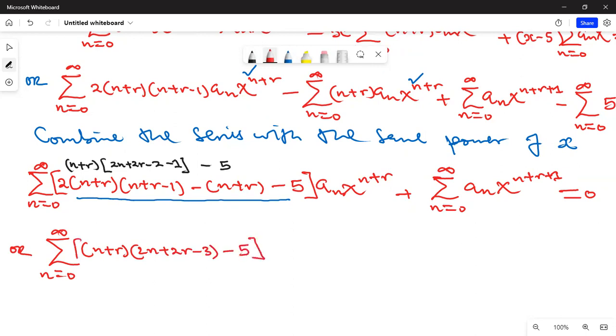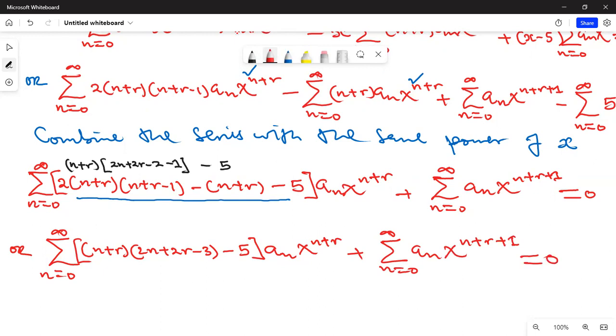This should multiply a sub n x raised to n plus r. Then plus the other summation, the sum from n equals 0 to infinity of a sub n x raised to n plus r plus 1. And so that should give us 0 on the right-hand side.